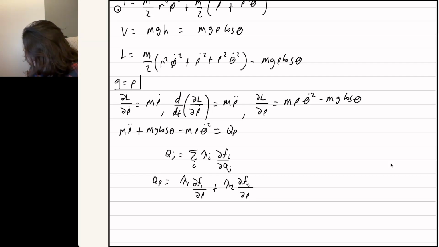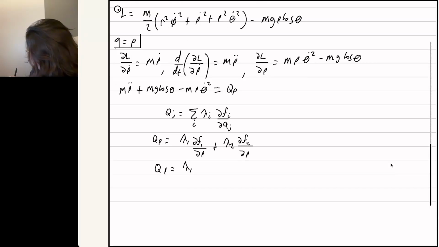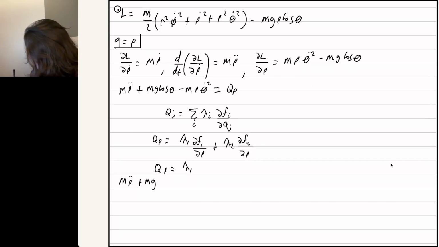The second one did not. So we can write Q rho as just being equal to lambda 1. Rewriting the equation of motion then, m rho 2 dots plus mg cos theta minus m rho theta dot squared minus lambda 1 is equal to 0. Very cool.